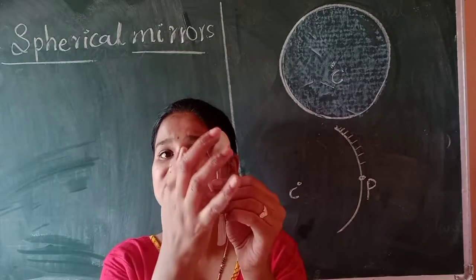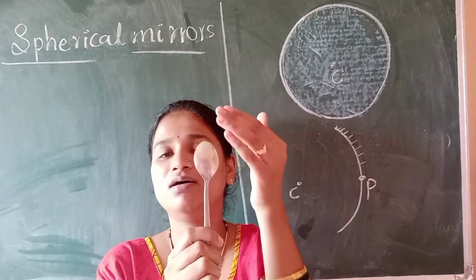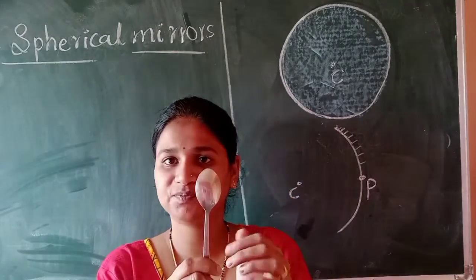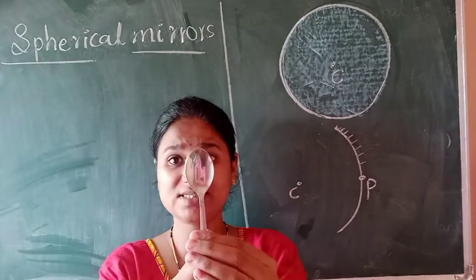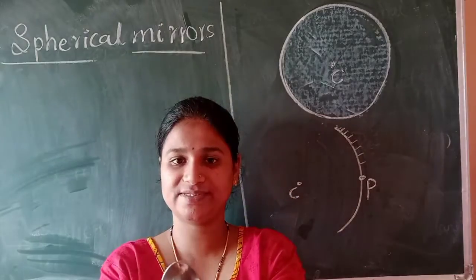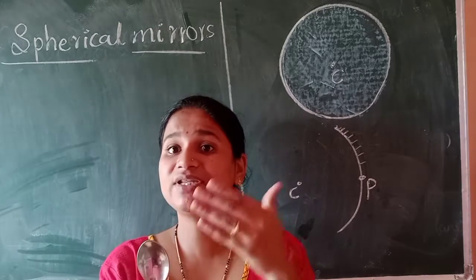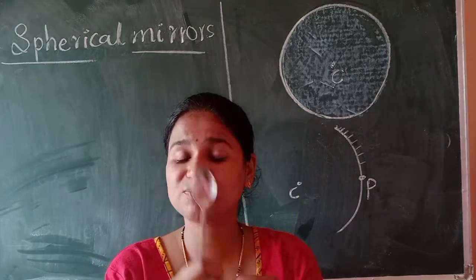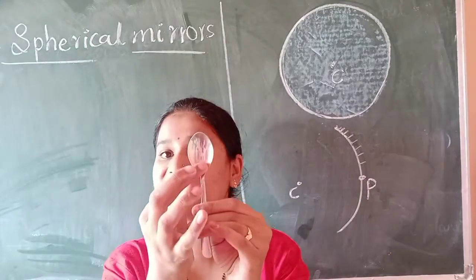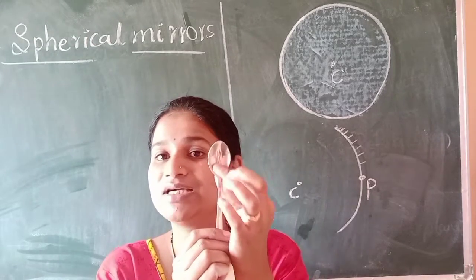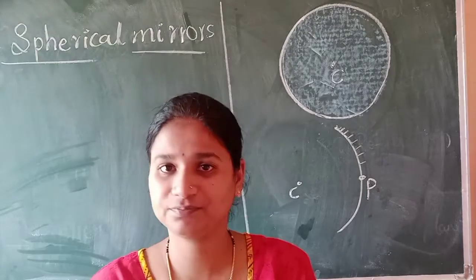Now consider the surface which is curved outside, and observe yourself. Whatever image you are seeing right now in the spoon is different from what you saw with the curvature inside.